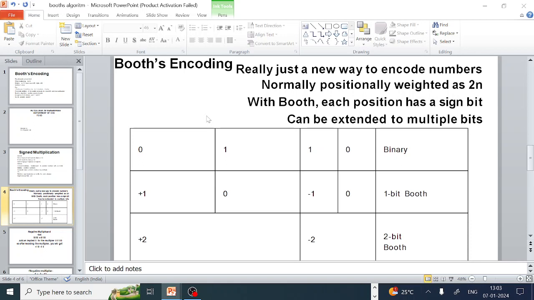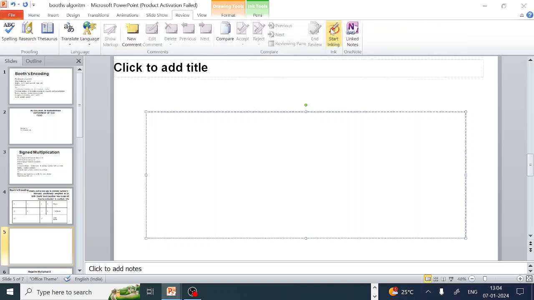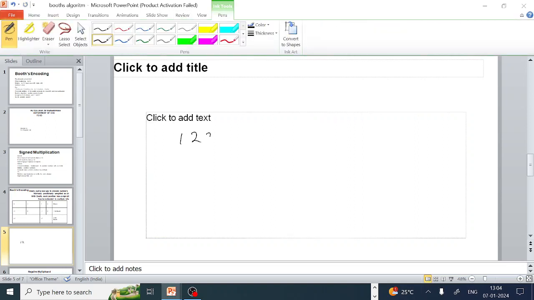So now, when we are trying to perform the multiplication, Booth uses an encoding method. Say for example, a number like this is given to you and you're supposed to multiply it by 9.